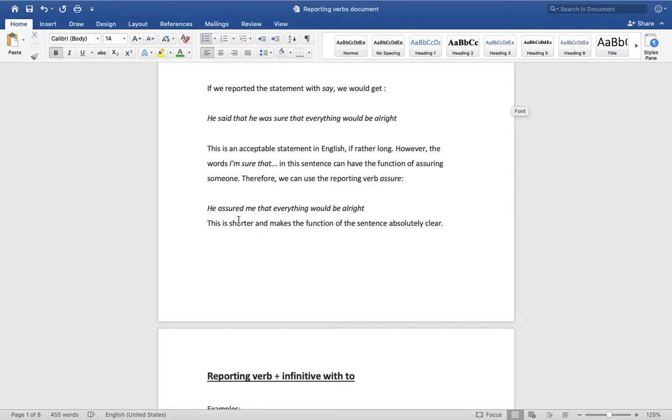So here we need to understand that the reporting verb we are using here is explaining the intention of the speaker, right? I'm going to change for a brief moment to Spanish. Tened en cuenta que el verbo decir aquí no nos aporta más información que decir, pero yo interpreto, ¿vale?